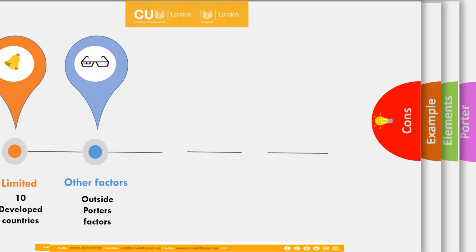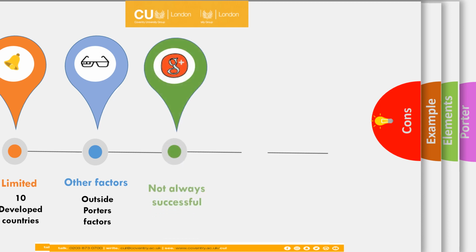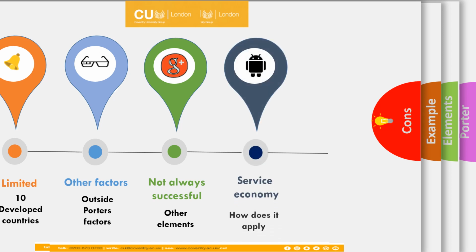Much evidence shows that a country's competitive advantage is also influenced by factors outside of Porter's determinants. And even if we look at some firms, not all firms that began in that country were successful, which again suggests that there may be other factors in play. As regards the model, it's also not quite clear how it applies in today's service economy. For example, how would the model be used to analyze the success of McDonald's or Burger King in other countries?